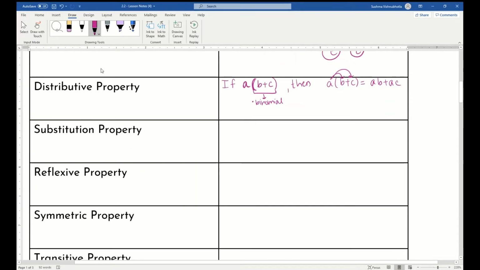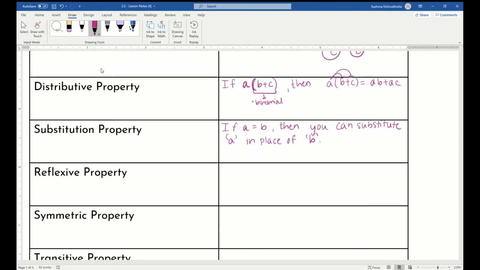The substitution property says if A equals B, then you can substitute A in place of B, or vice versa.